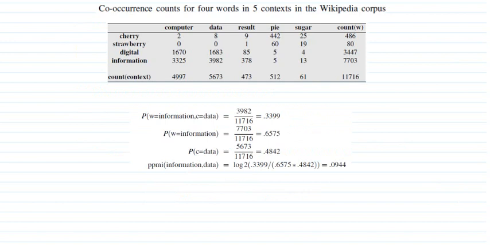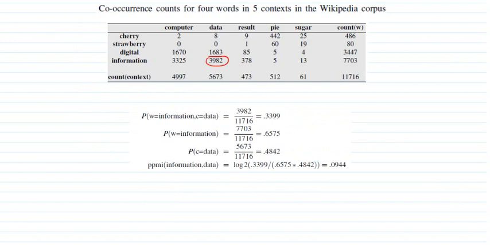This 3982 is achieved by taking the word information with context data. So the word information and data, this is 3982. This is obtained from here.